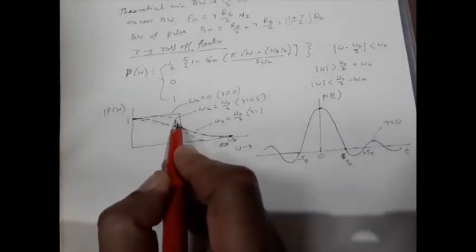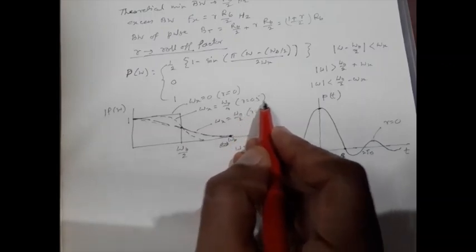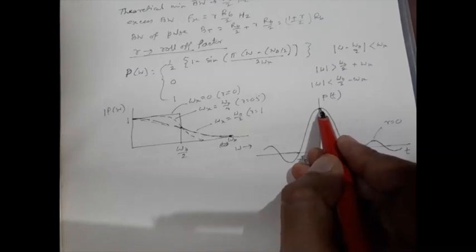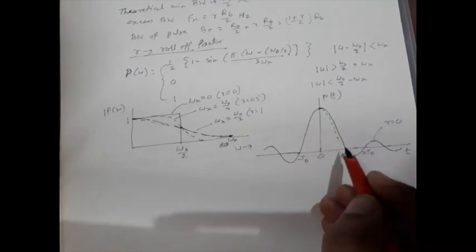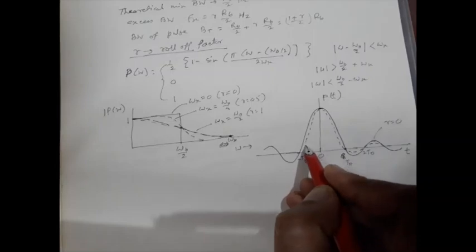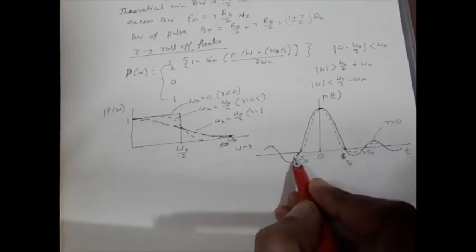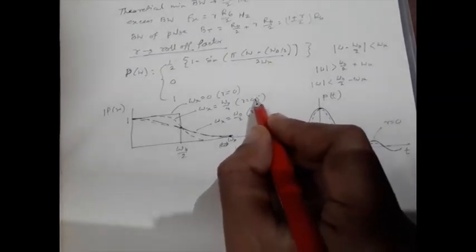And if you change it, say for r equal to 0.5, it will be something like this. Its magnitude will be diminished. This dotted line is for r equal to 0.5.